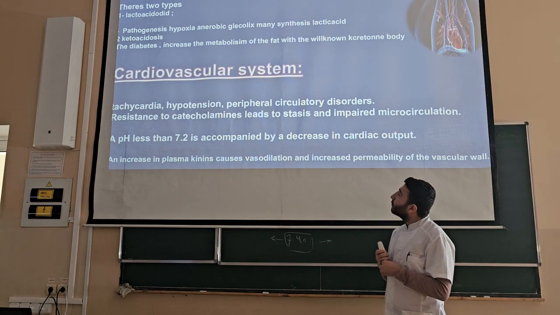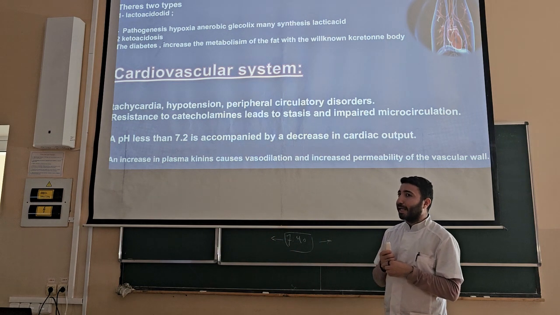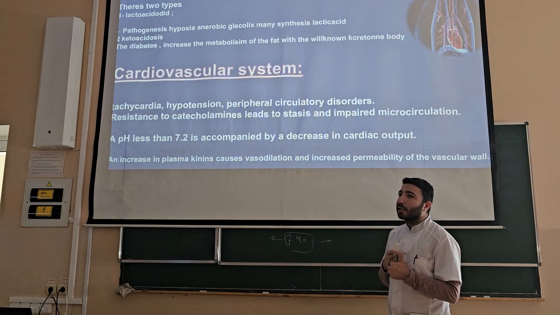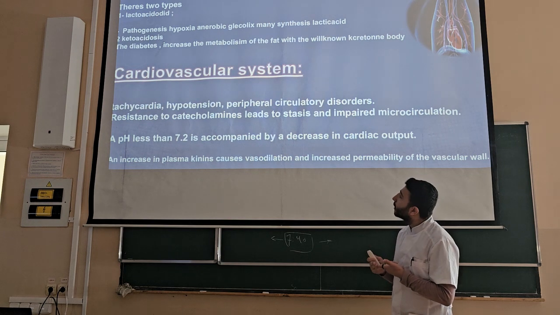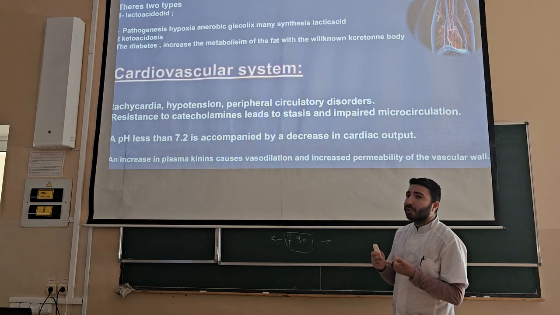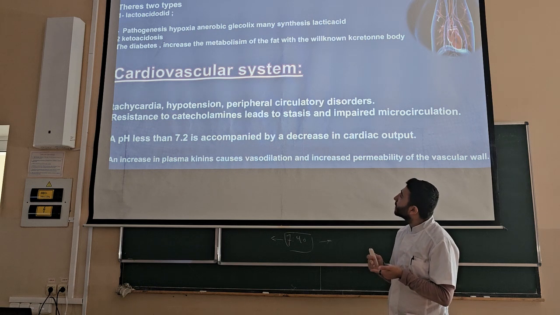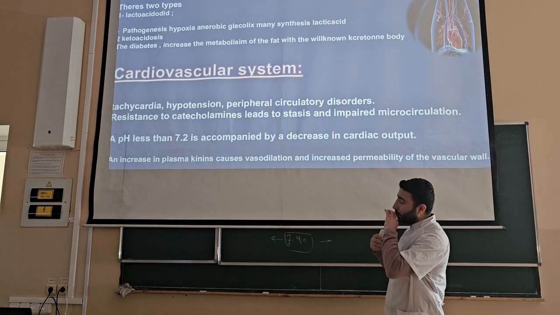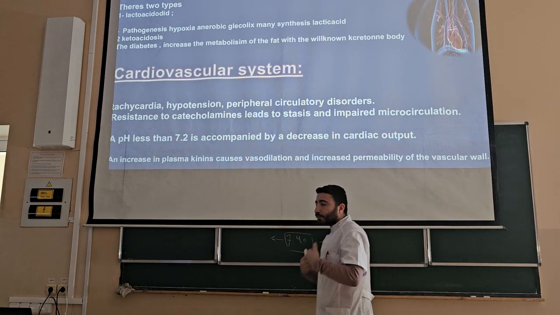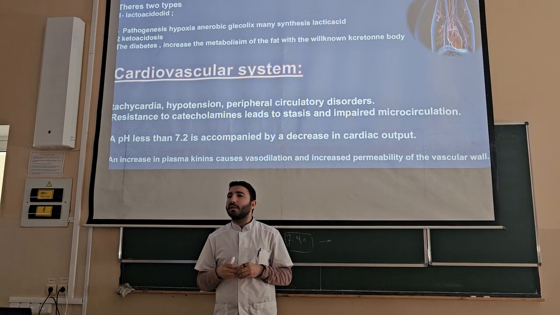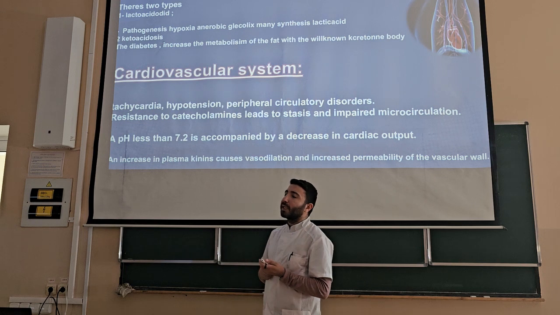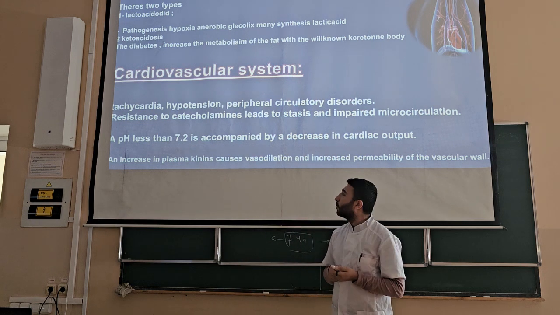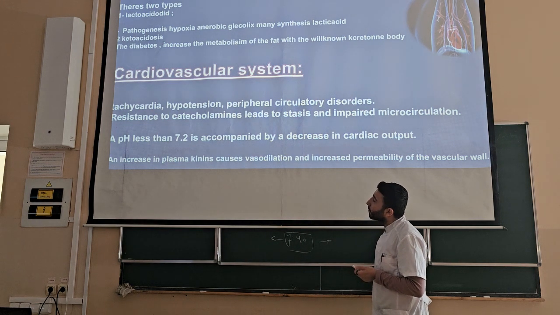In the cardiovascular system there will be tachycardia. That's one of the symptoms that could appear, or clinical manifestations we will see in the patient. Hypotension is the second. Peripheral circulatory disorders: when you measure, for example, the blood pressure in the peripheral vessels, there will be abnormality in those localizations.